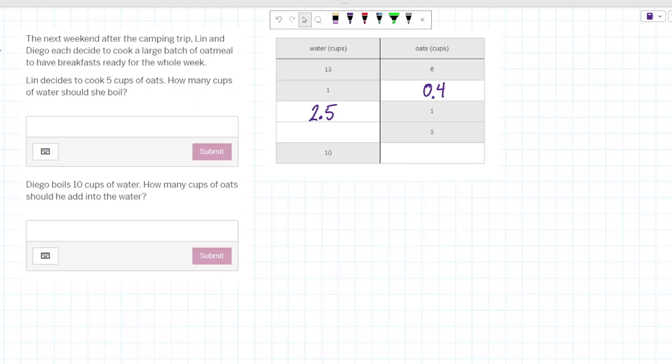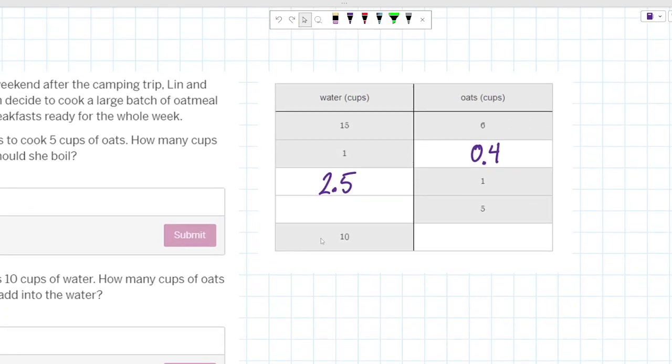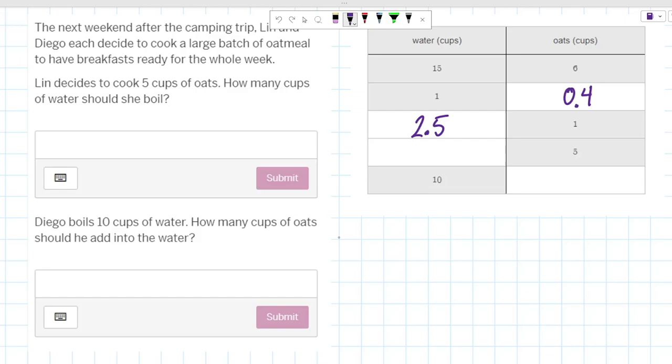So in order to find how much water goes with 5 cups of oats, I'm going to use the table. Let me zoom in case it's hard to see. To use the table, I'm going to say, okay, how do I get from 1 to 5 using multiplication? Well, 1 times 5 is 5. So that amount of water per cup of oats, I should also multiply it by 5.